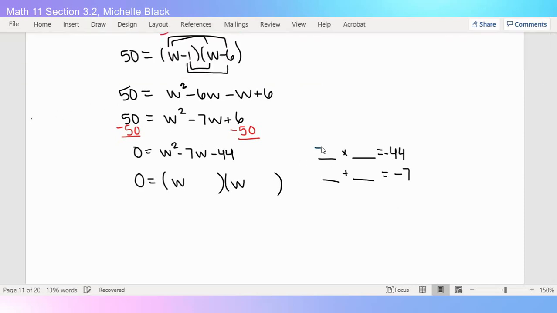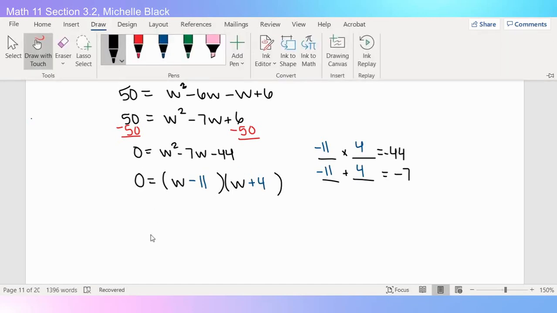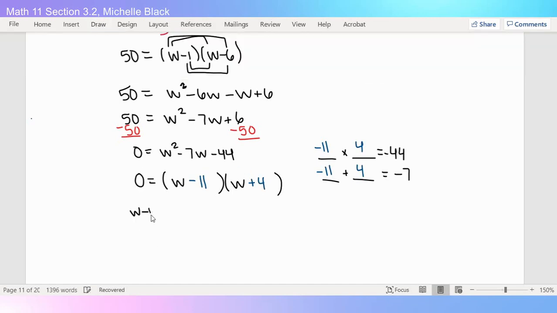Well, I think negative 11 and positive 4 will do the trick. So I have w minus 11 and w plus 4. Using my zero product property, I know either w minus 11 equals 0 or w plus 4 equals 0. That is, w equals 11 or w equals negative 4.